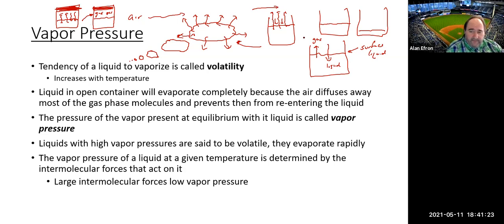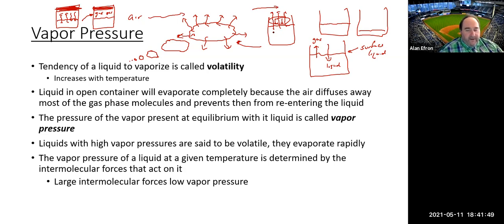By the way, you still have that over here in the open container. There are still gas molecules hanging out above the liquid. You're just going to see a much slower evaporation rate, very little happening, whereas in the closed container they have nowhere to go. Whatever was in there when you closed the container is pretty much trapped and cannot escape.